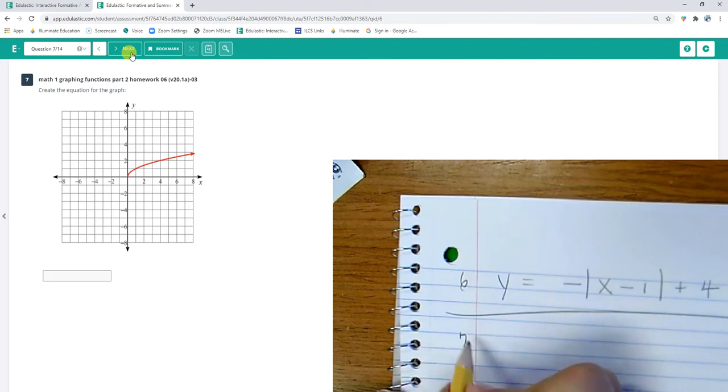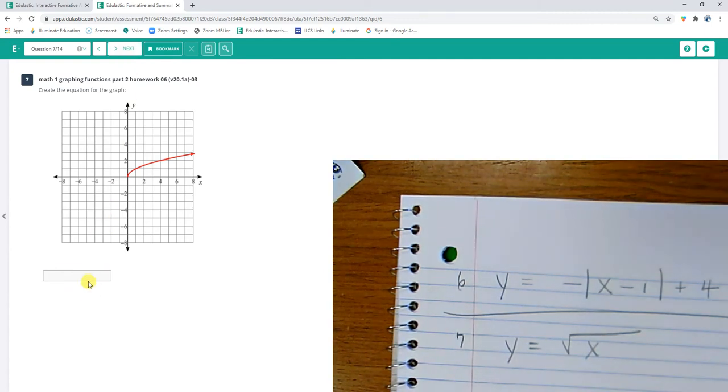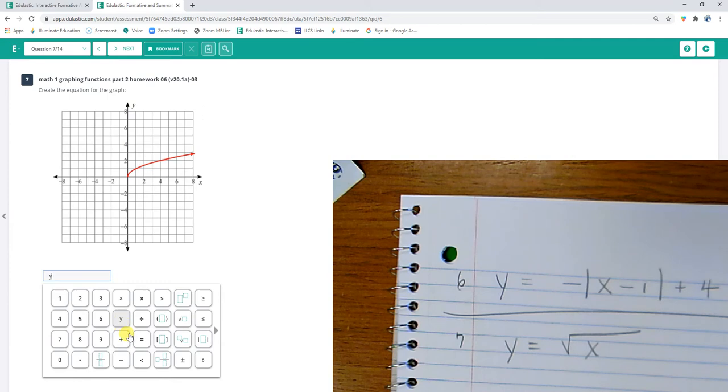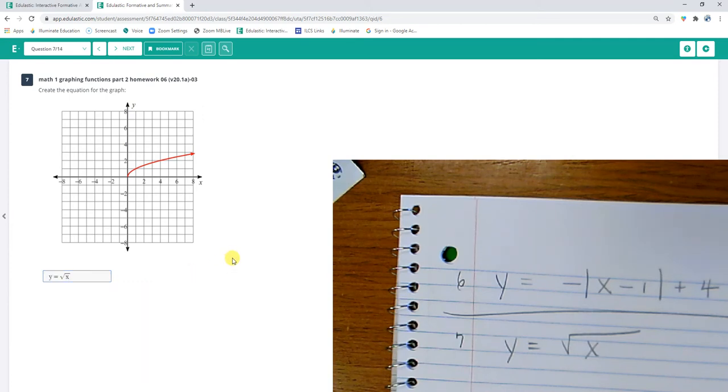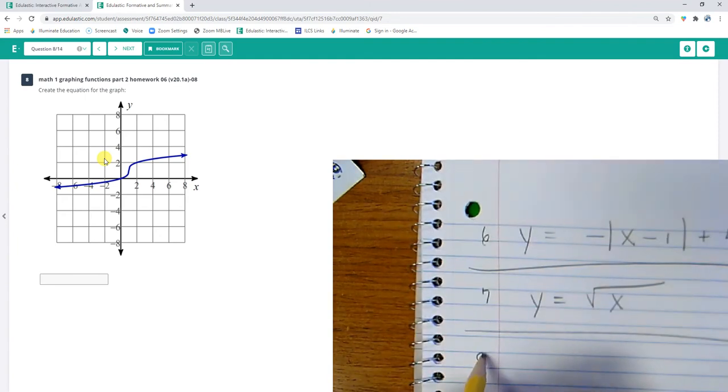Number 7, I'm looking at y equals, that's just a square root of x. There's no shift on that. No shift at all. All right, so this is an S shape, so it's a cube root function. This is number 8. I've got a cube root. Y equals the cube root of x.